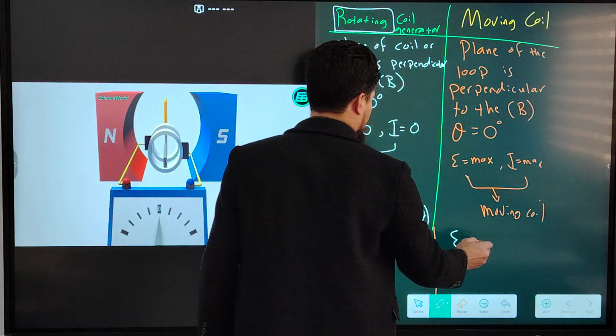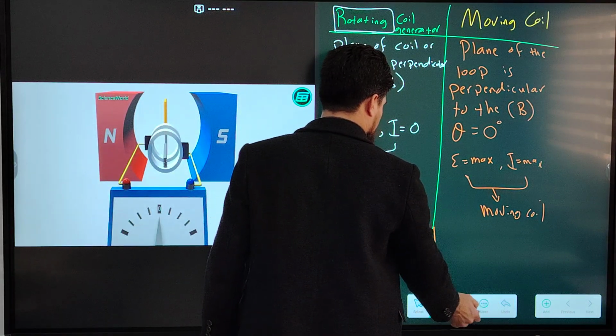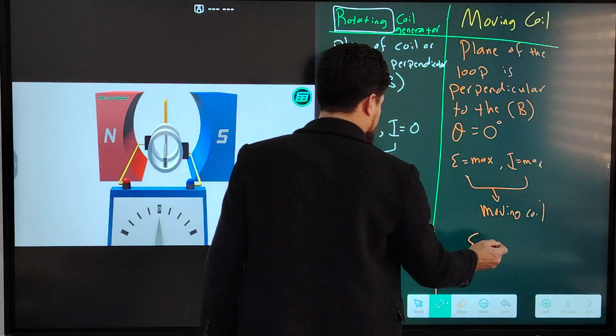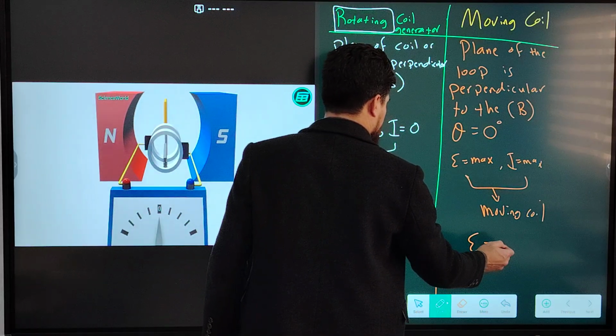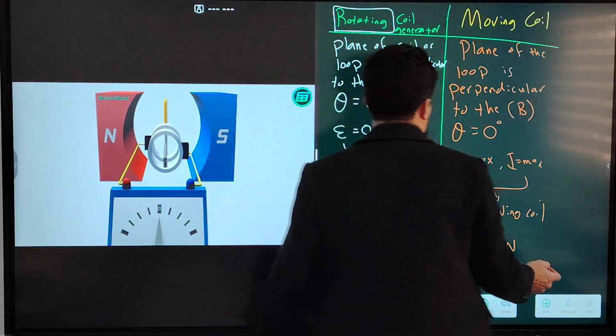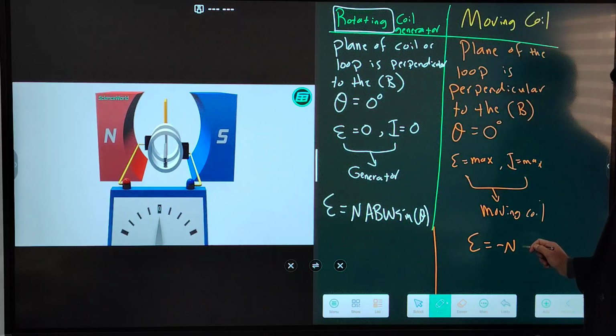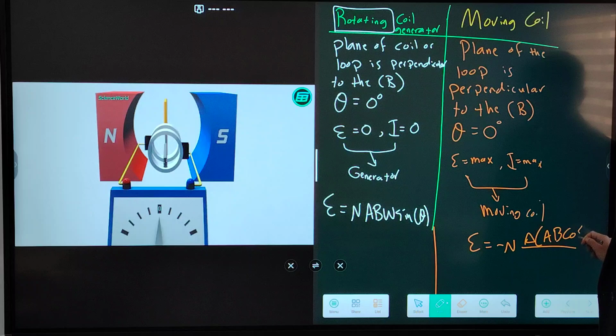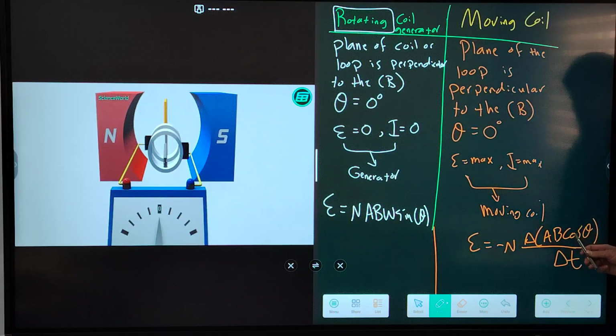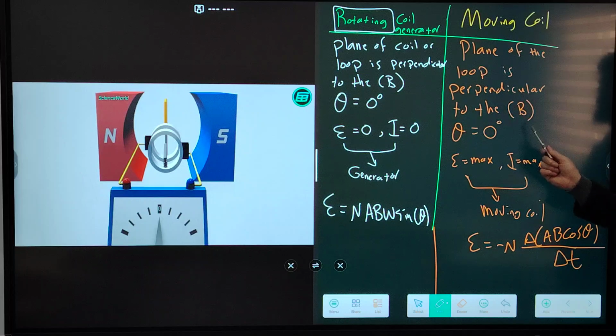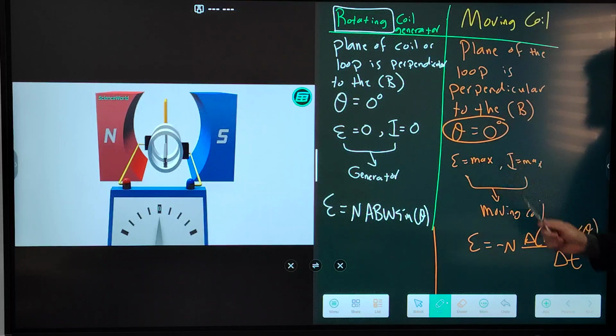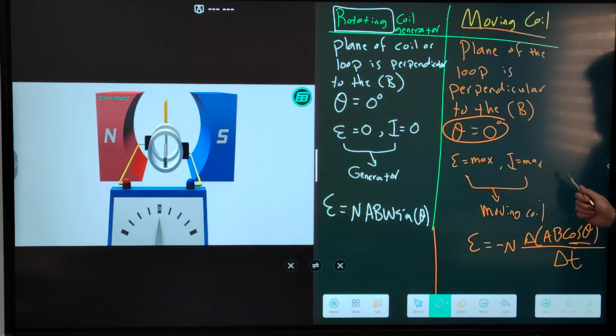But for a moving coil, EMF is equal to negative the change of B A cosine theta over time. Guys, look, why when the plane of the loop is perpendicular, angle 0, is EMF maximum in the moving coil? Because cosine 0 is equal to maximum, equal to 1.